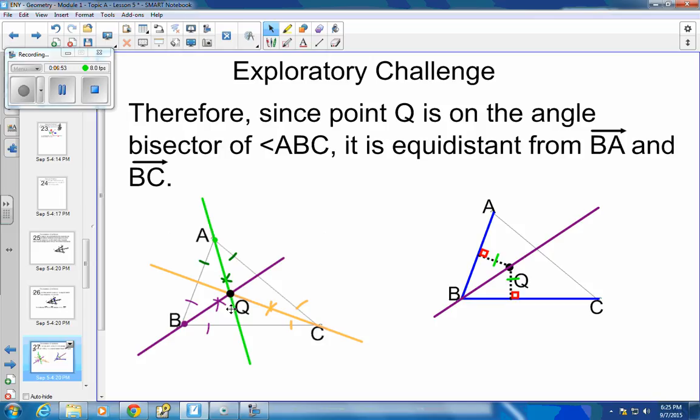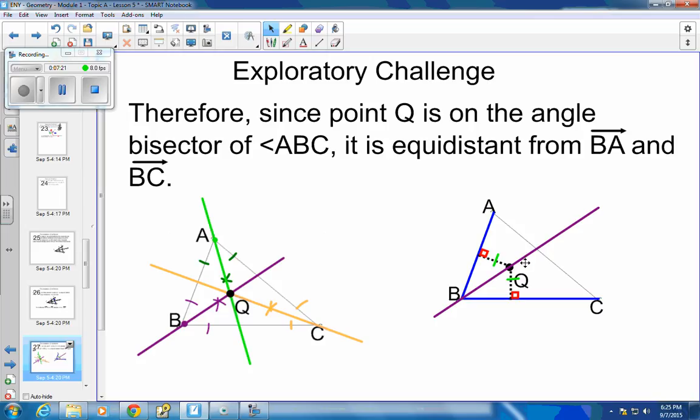So if you've got point Q and it's on our angle bisector of ABC, so here is our angle bisector of ABC, this purple line right over here in this picture. We know that Q has to be the same distance to segment AB as it is to segment BC, or line AB and line BC.